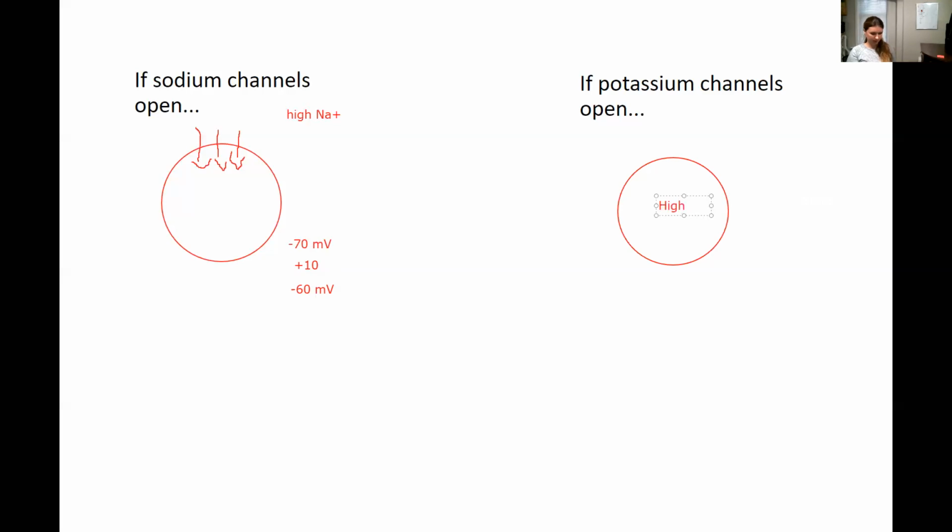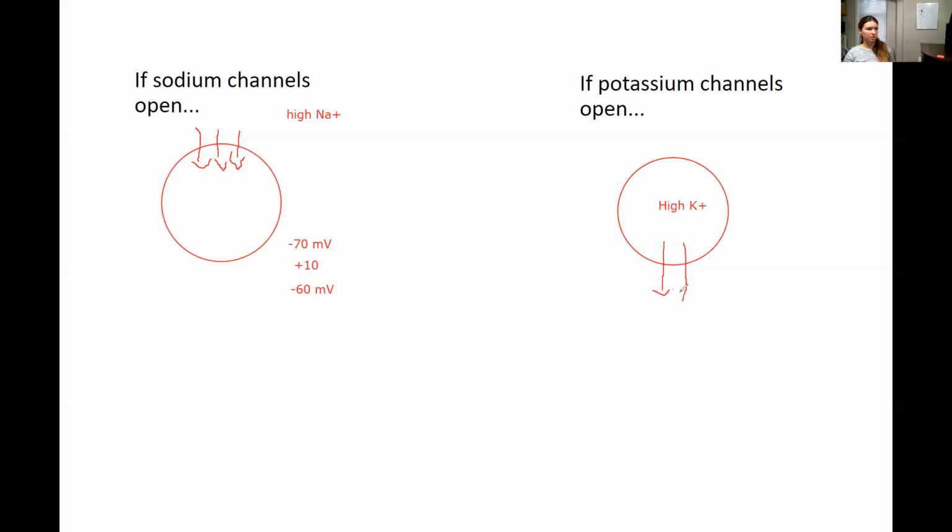But if we have even more open up, we're going to allow potassium to flow out of the cell. We remember that our equilibrium potential for potassium is negative 94. So it's going to make the cell more negative. It's going to travel in the direction that allows the cell to become more negative.